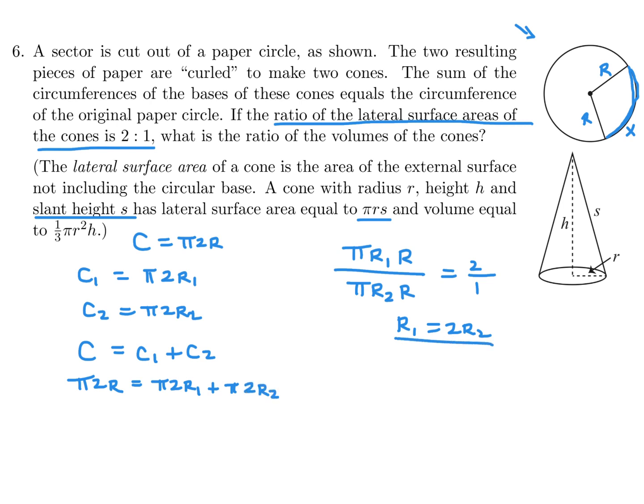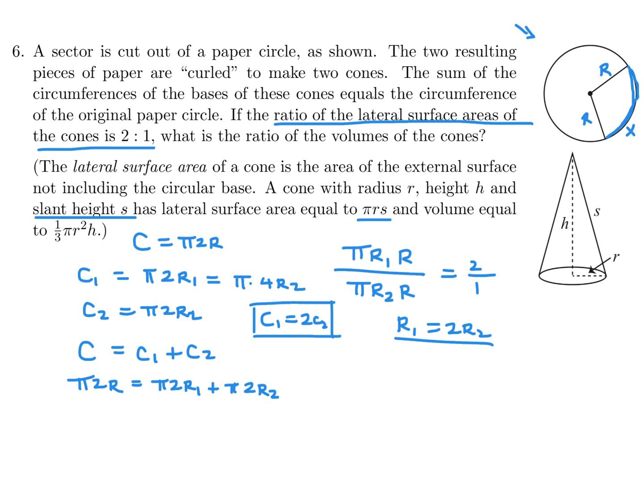Now, this is very important, so we can plug that in. So this is pi, R1 is 2R2, so this would be 4R2. So that basically means that C1 is equal to 2C2. Oh, hold on, let me think about this. Yeah, C1 is equal to 2C2.